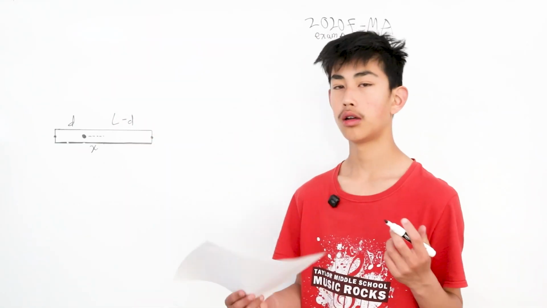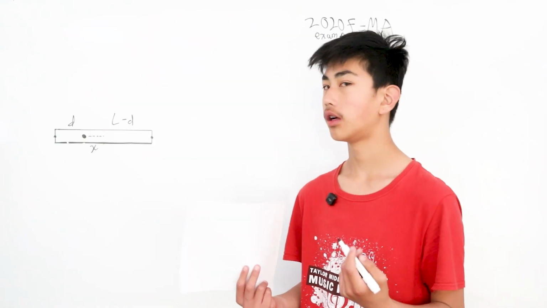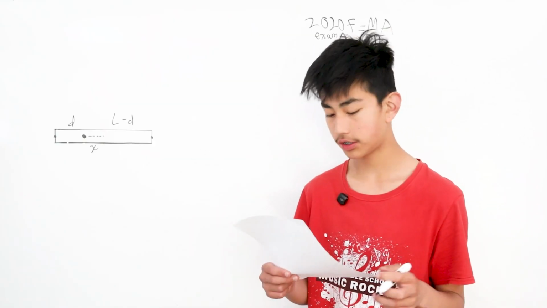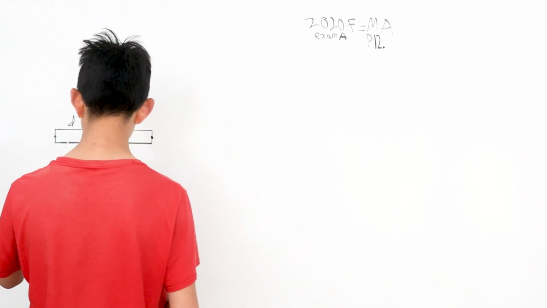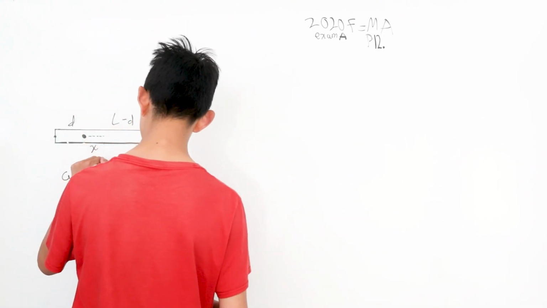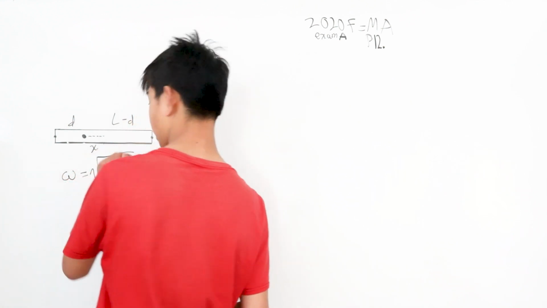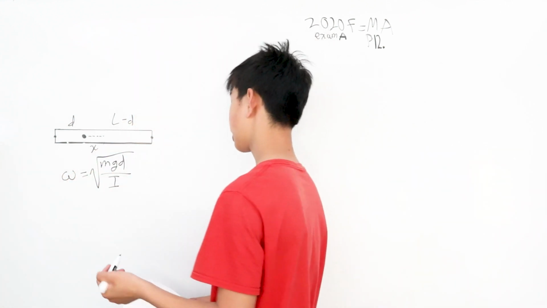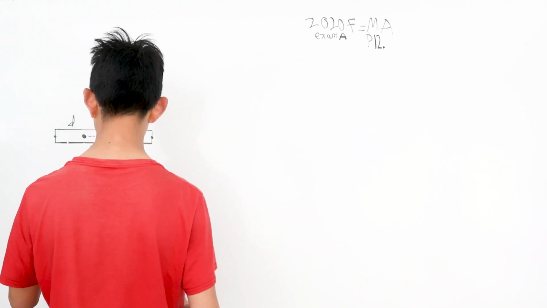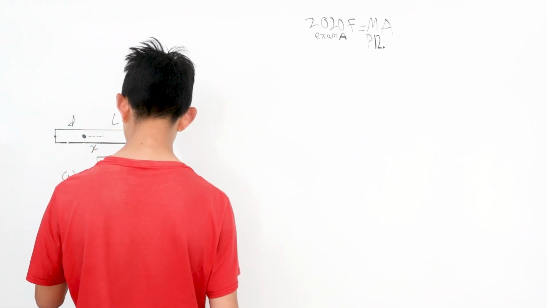So the angular frequency for small oscillations for a pendulum is omega equals the square root of mgd over inertia. In this case, our inertia can be represented as I equals md squared.